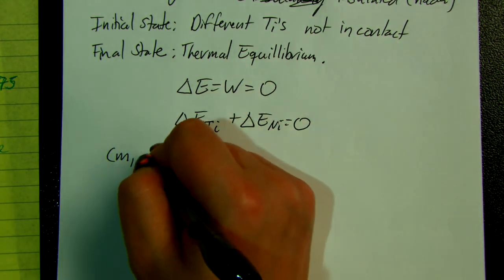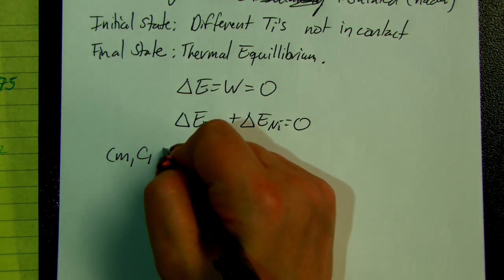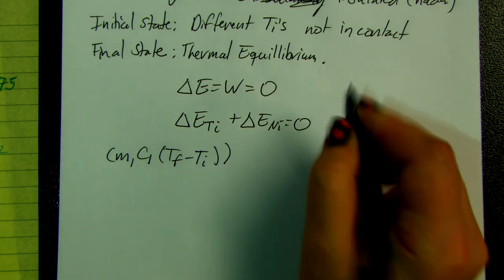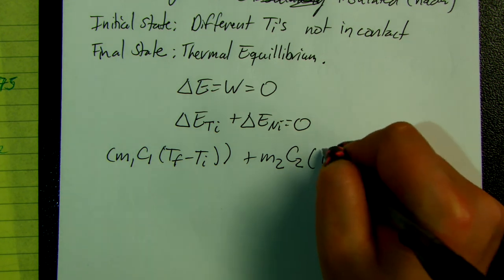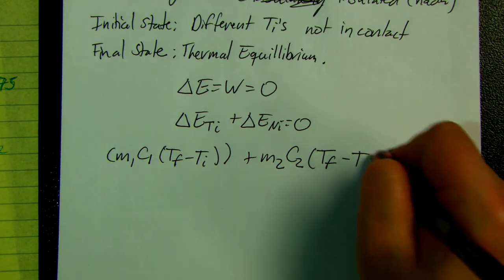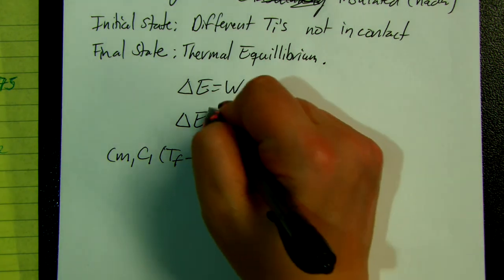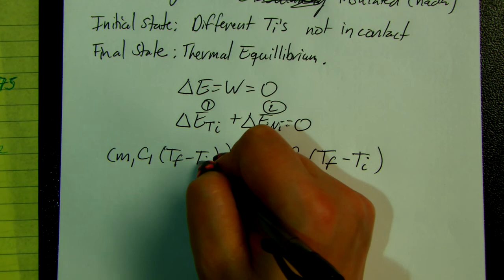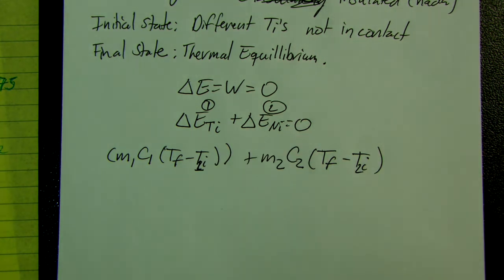So we have M1 C1 (T final minus T initial) plus M2 C2 (T final minus T initial). Okay, so let's go ahead and differentiate this. So I'm going to call this one 1. I'm going to call this one 2. So we're going to do T1i and T2i.